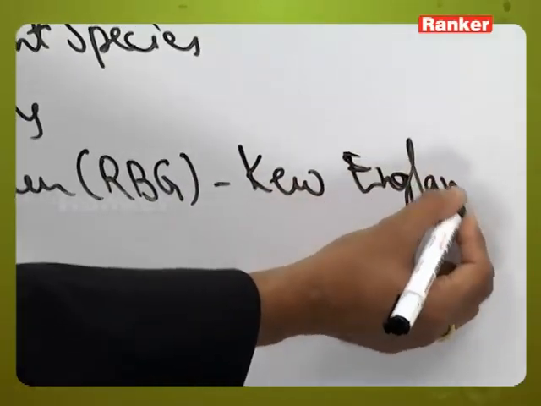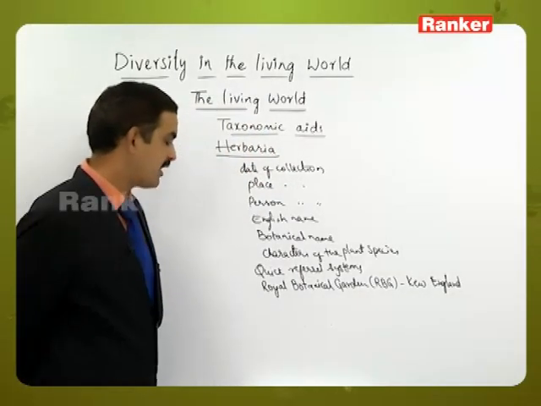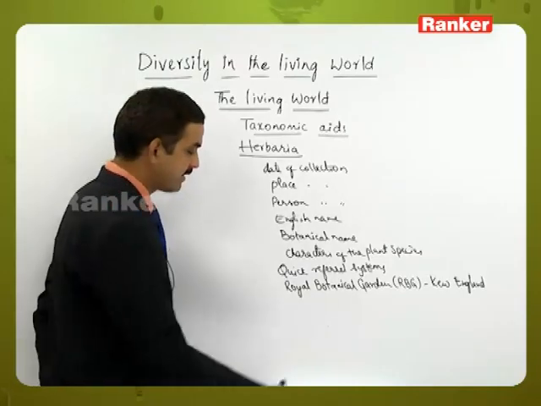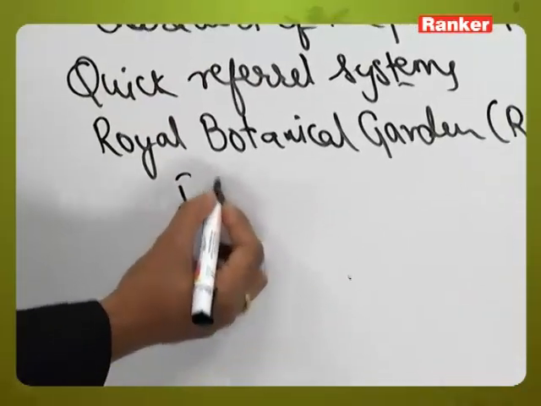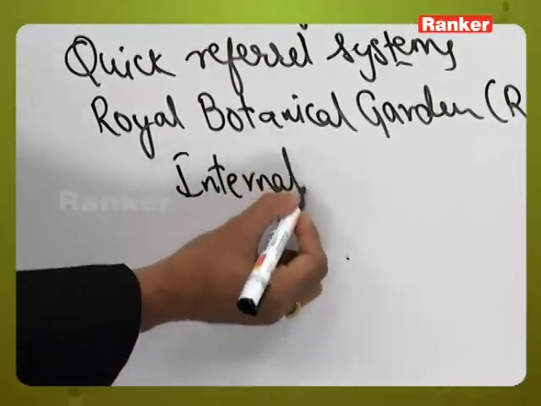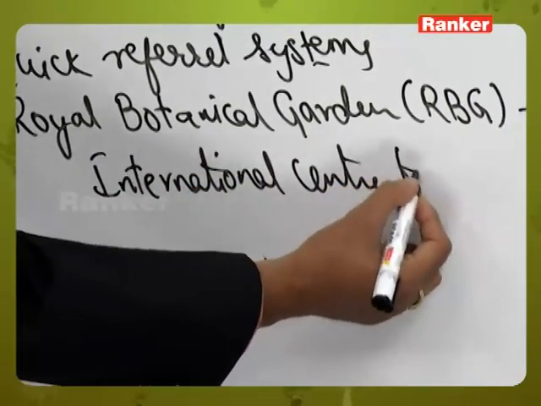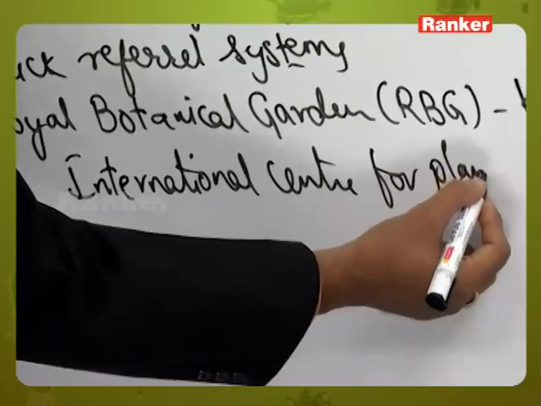This is a place where all the plant species present in this world have been preserved in the form of herbarium. That's why we call this the International Center for Plant Identification.